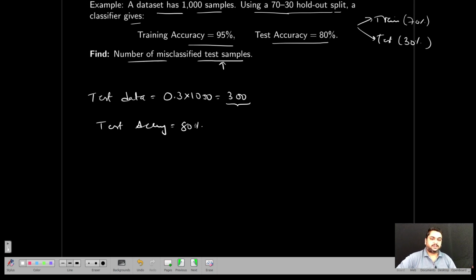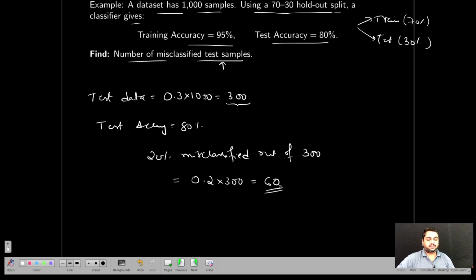So I am applying it to the test samples. 80% accuracy means 20% misclassified, meaning given the wrong label, out of 300 test samples. So this is 0.2 times 300. This comes out to be 60. So 60 data points are misclassified.